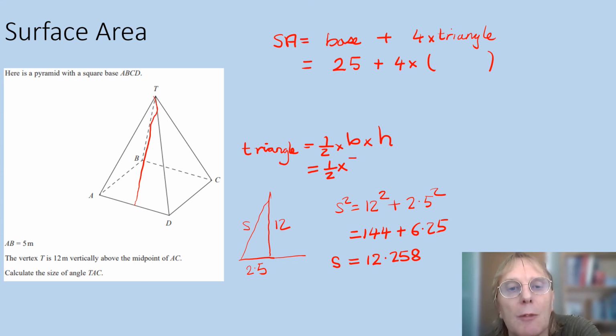Half times 5 times 12.258. Okay, so the area of the triangle is actually 30.644.